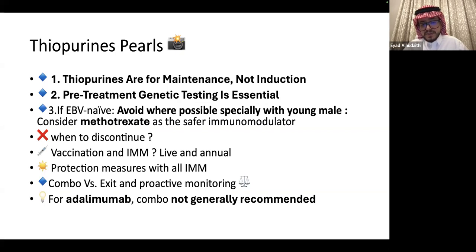You have to start the patient on sun protection measures with all immune modulators like thiopurine or methotrexate. Also, there is a lot of debate about combo therapy, exit, and proactive monitoring. These are all hot topics. But what I want you to know is that adalimumab combo is not generally recommended.